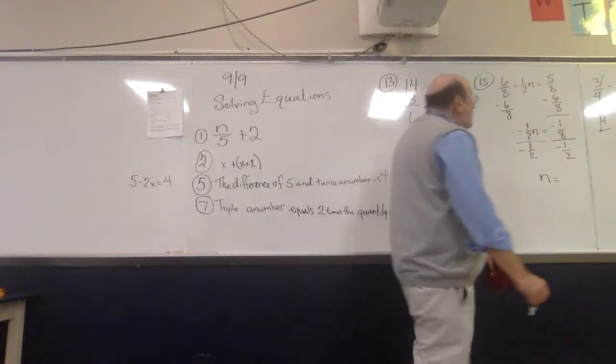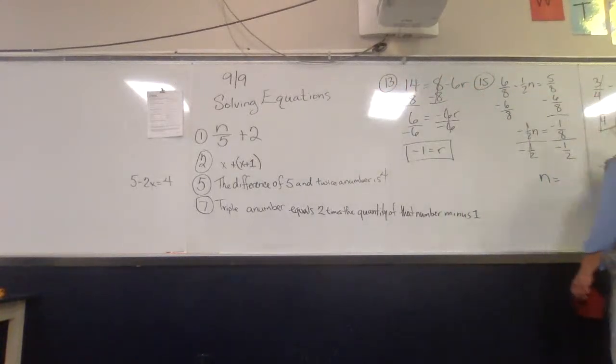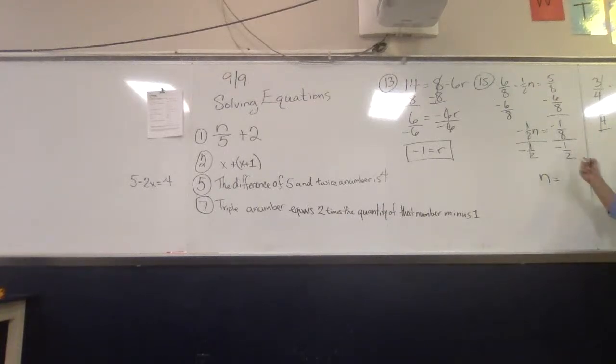When I divide with a fraction, here's where flip it comes in, Mr. Bray. I multiply by the reciprocal of the divisor, right? So I multiply by the reciprocal of the one on the bottom, or the one on the right. So this is -1/8 divided by -1/2.